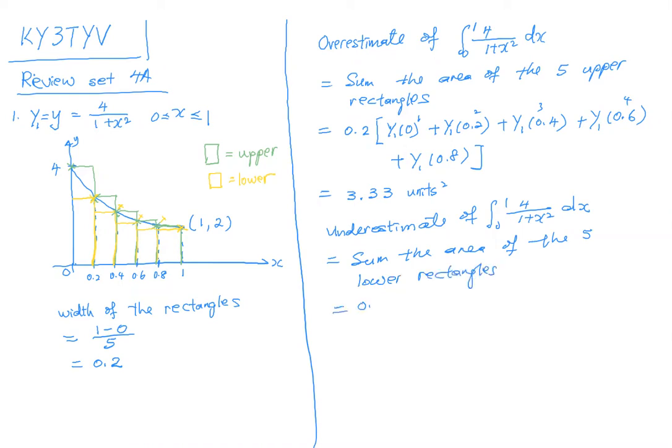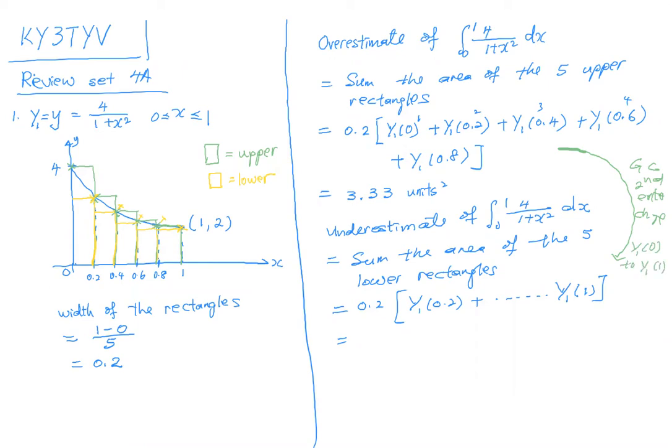So the width is still the same, but for the height, you start from the first one, y1, 0.2 plus... If you don't want to write it all, you can put dot, dot, dot, it's fine. So what you need to do is, in your GC, you press second, enter. Then you change y10 to y11. Then everything will settle.